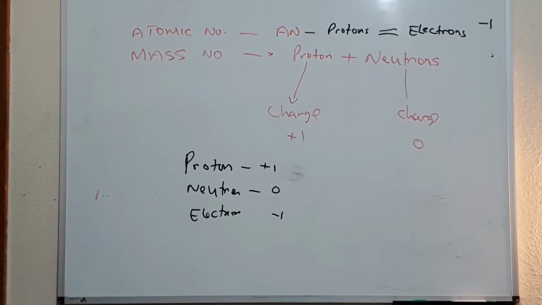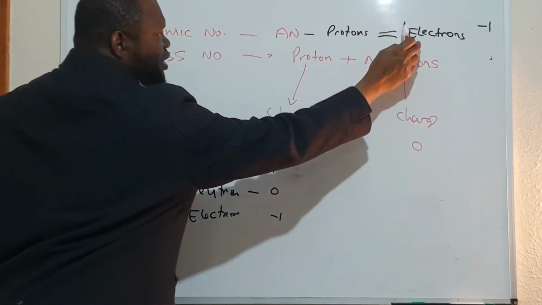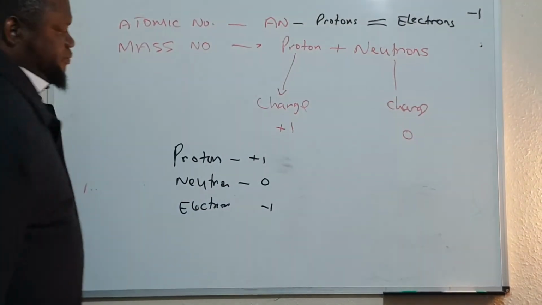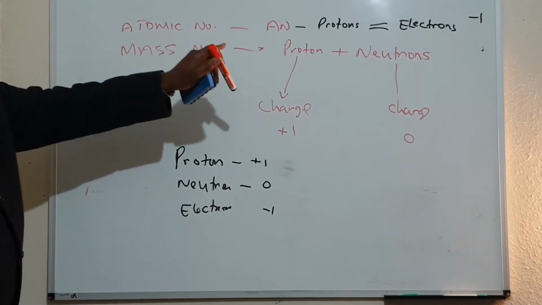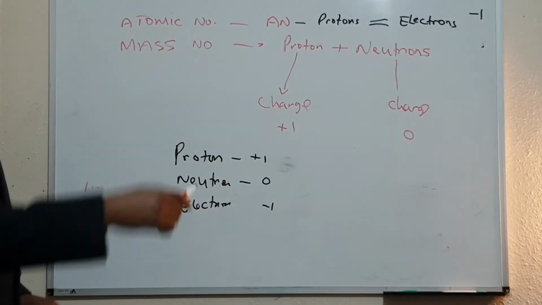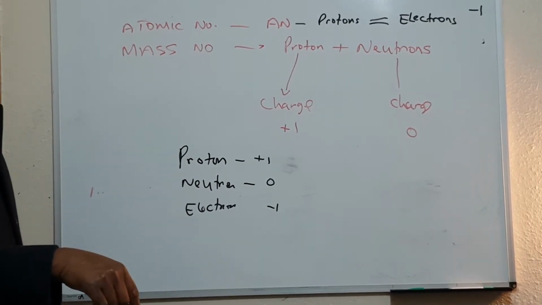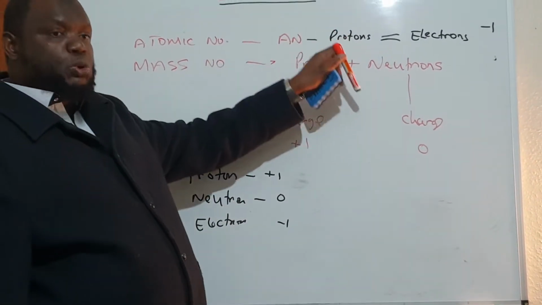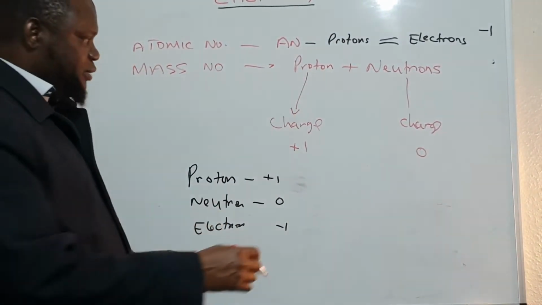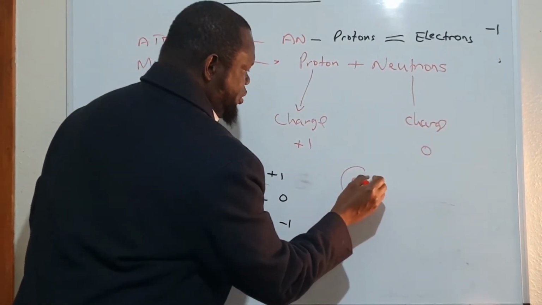You understand? So that's why the atomic number, the number of protons, is exactly equal to the number of electrons. So basically, the number of protons must be equal to the number of electrons in an atom of any element. Therefore, if the number of protons is 2 in an atom, let's say in the nucleus, we have 2 protons.